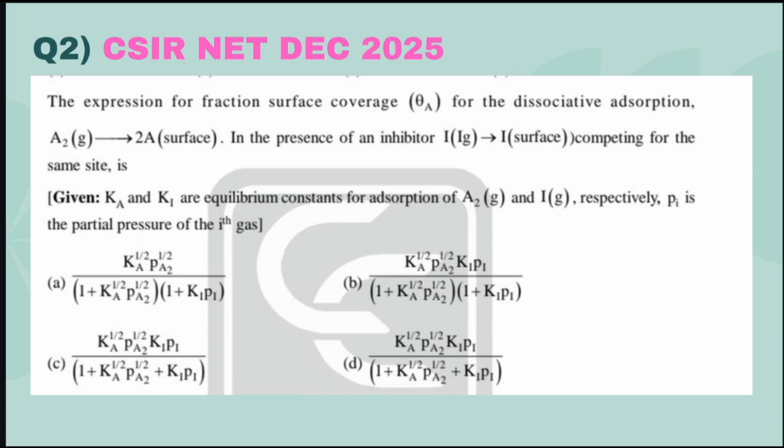And option C is Ka half Pa half Ki Pi divided by 1 plus Ka half Pa half plus Ki Pi. And option D is Ka half Pa half Ki Pi divided by 1 plus Ka half Pa half plus Ki Pi. Now let's see the solution.